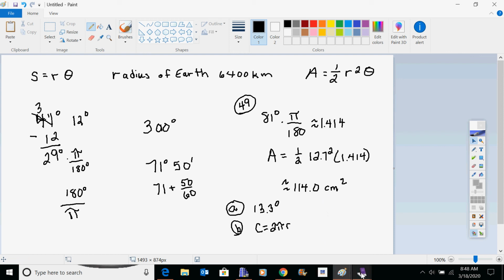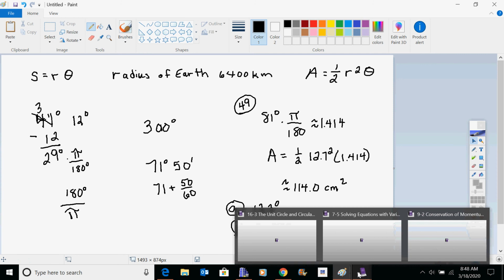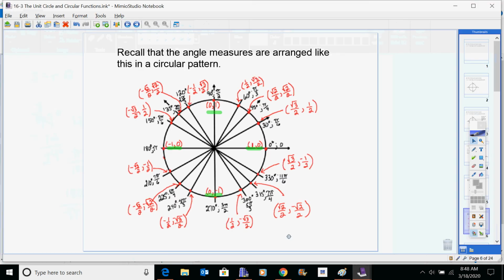The other questions that were asked had to do with, somebody had asked, could I please explain more about the 30, 60, 90 triangle that's used in here. Now, in our 30, 60, 90 triangle, remember the proportions for any 30, 60, 90 triangle. Let me see if I can get a good triangle going here. The right triangle, here we go.